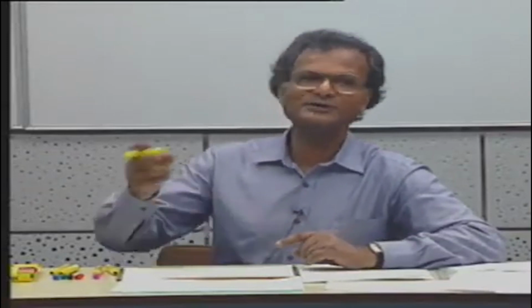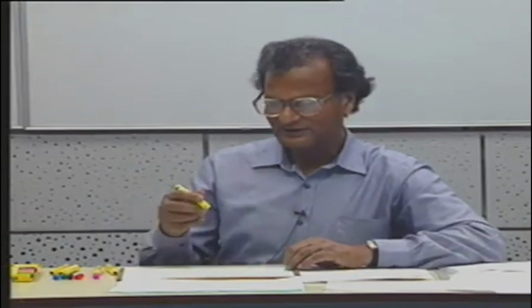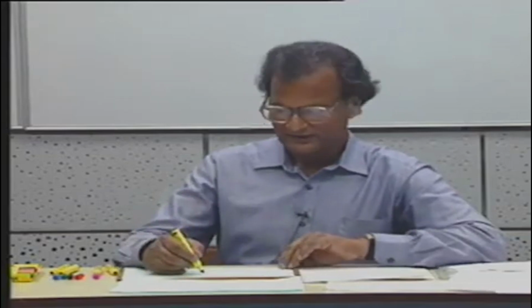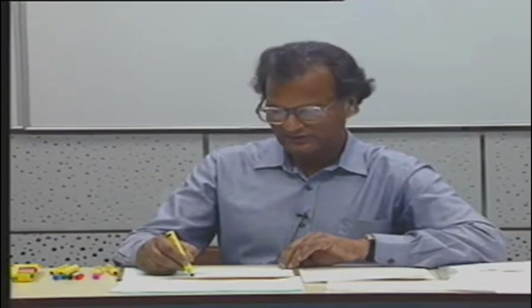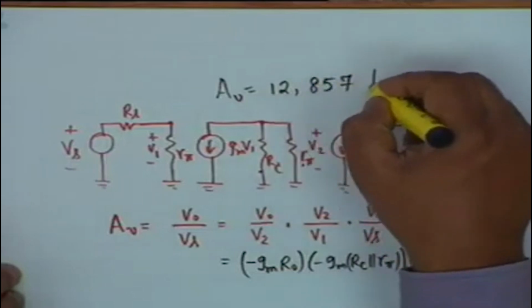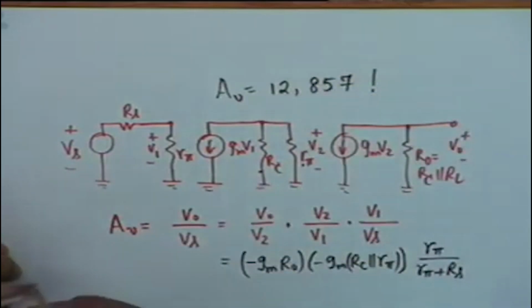First stage gives an out of phase output voltage. Second stage gives out of phase with out of phase. Two negatives make positive, and therefore the output voltage shall be in phase with the input voltage, and the value that calculates out is 12,857, which is a fairly large number. This is the mid band gain of these two transistors.